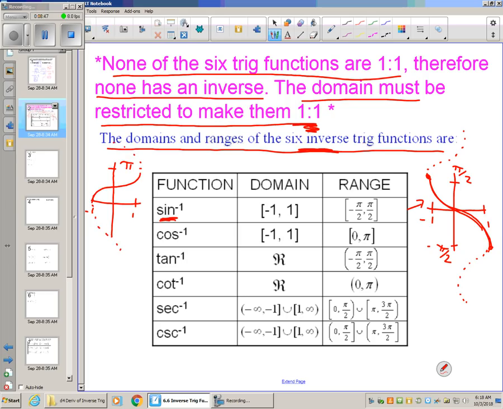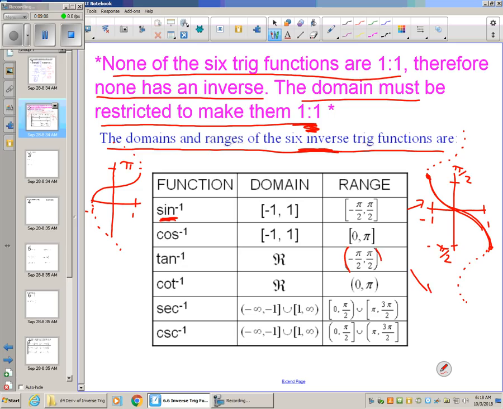So keep those functions in mind as we go through these problems, because those are the only values that we can look between. The range is restricted to negative pi over 2 and pi over 2 for sine, 0 and pi for cosine, and negative pi over 2 to pi over 2 for tan, but not including the endpoints.